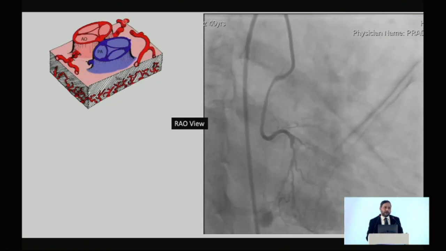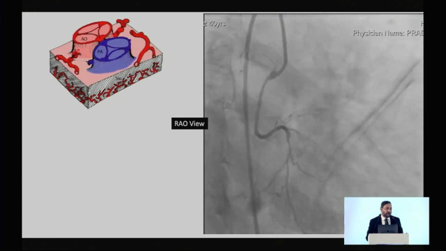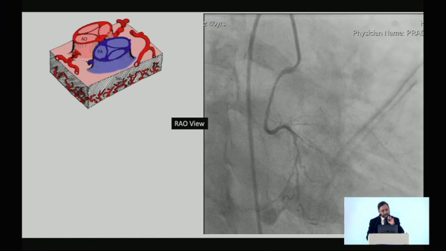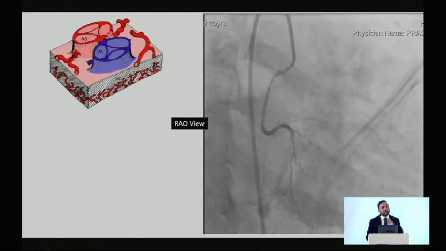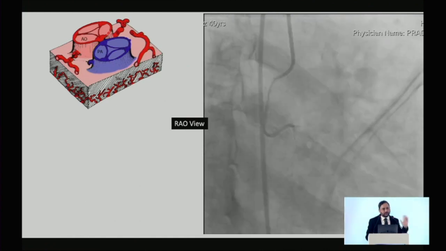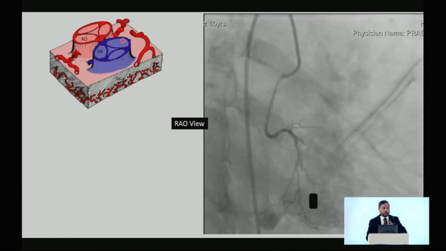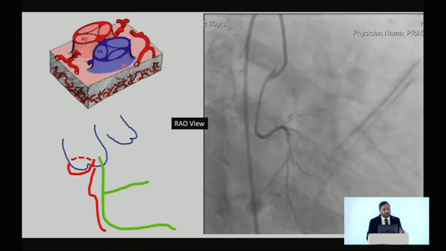So there's no way for the circumflex originating in the right sinus to follow any path except the retroaortic course. The only path that the anomalous circumflex originating from the right sinus can take is the retroaortic course to come in the left AV groove, and there's no way it can come forward, because then it would have to cross the left main and the LAD territory.